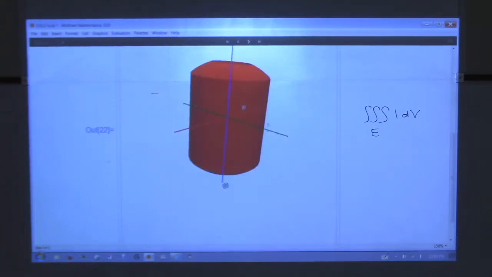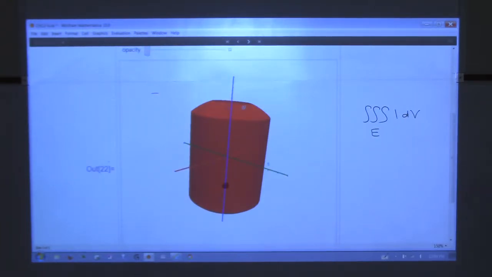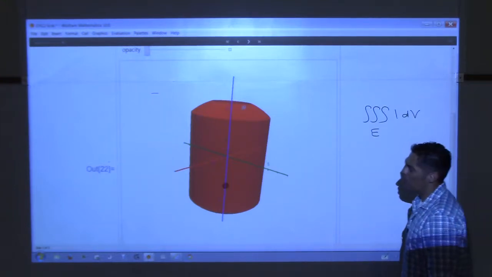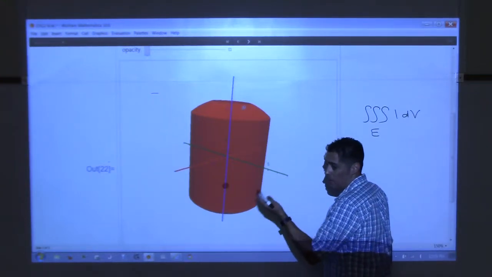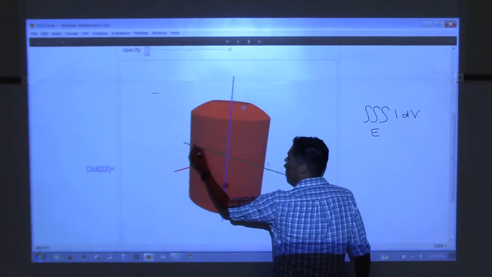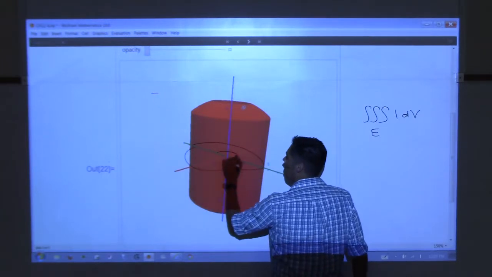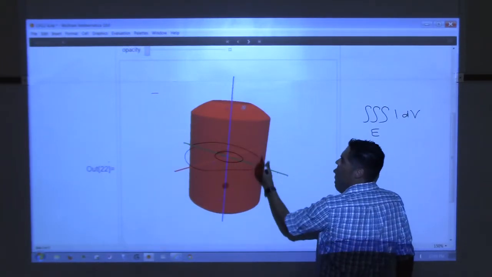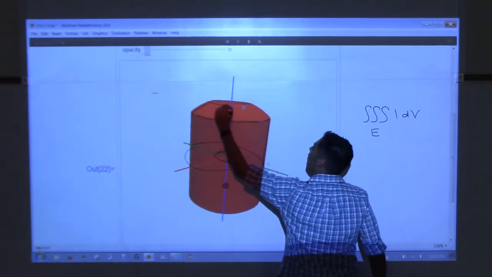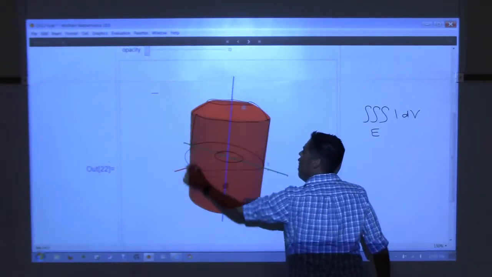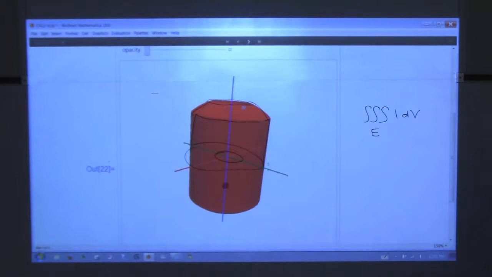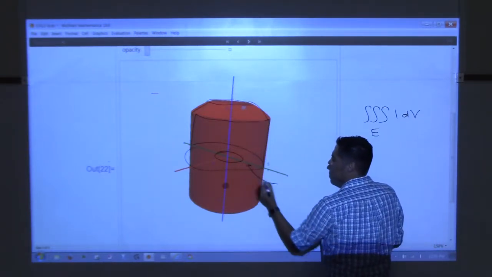All right, let's see if we can get our heads around this. If we were going to do this and double the answer, so cut this off on the ground and just look at the top half only, one of your z restrictions would be 0. The bottom restriction here would be z is 0.